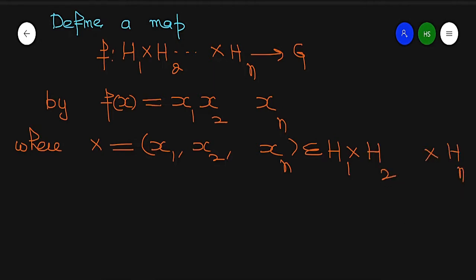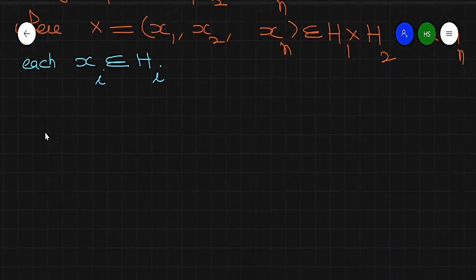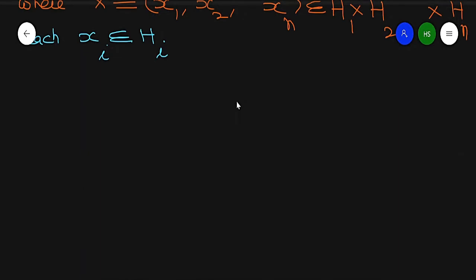What it means is each xi belongs to Hi. So for each i, xi belongs to Hi. So this is my mapping. Now to prove it is a homomorphism, one-one as well as onto.